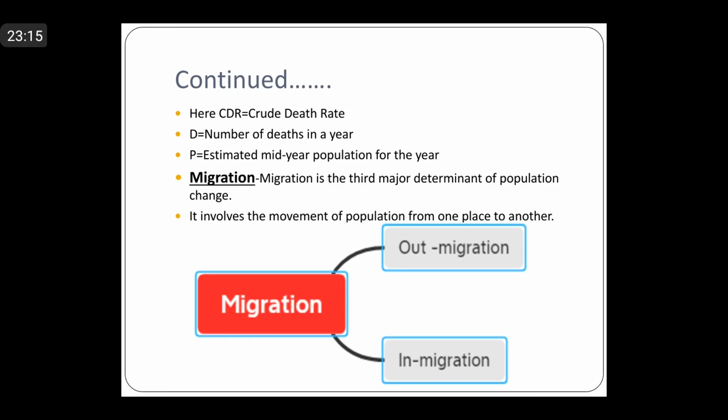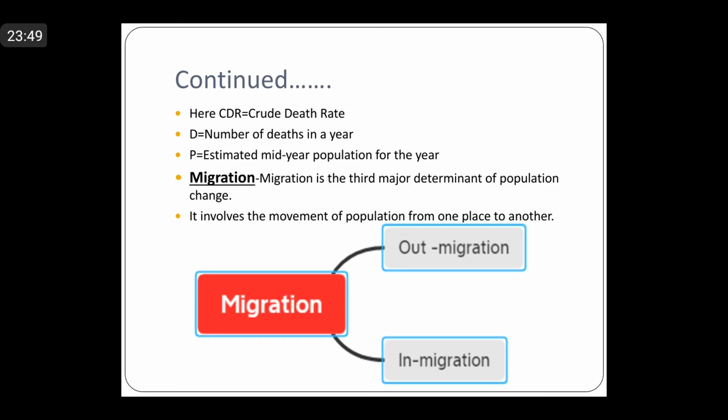Movement of the people from one place to another, will it be the migration? No, no, no, it will not be the migration. But I will discuss with you what is migration and the different types of migration later on. So, in simple words, you can define it as the movement of the people either permanently, seasonally, or temporarily.